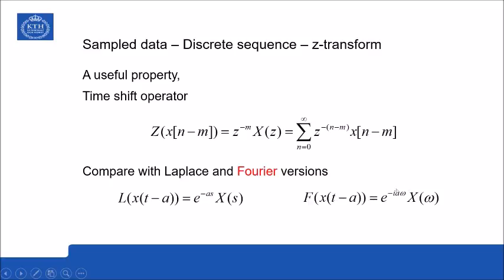This, as you know, is a phase shift. In the Fourier domain, the phase shift a omega corresponds to the time shift in the time domain. So it can be found that the Z-transform has corresponding versions of all rules that are applicable to the Laplace and Fourier versions. This is one example, the shift operator, and as will be seen later on, this is very, very useful.